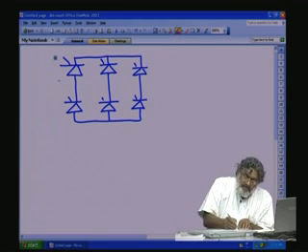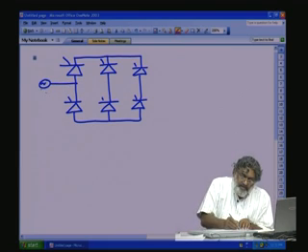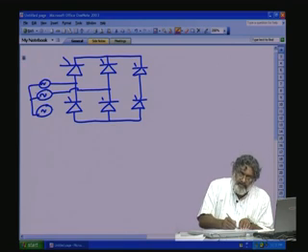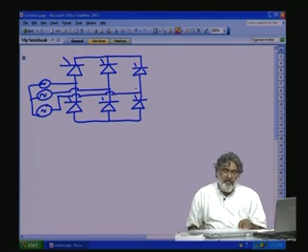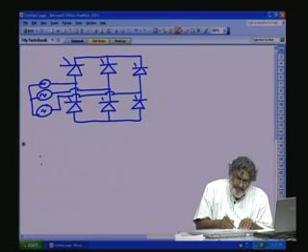Now, this is the E1. E1 here, next one E2, next is E3. This is our neutral. E3 here. Now, let us draw the phase waveform again.